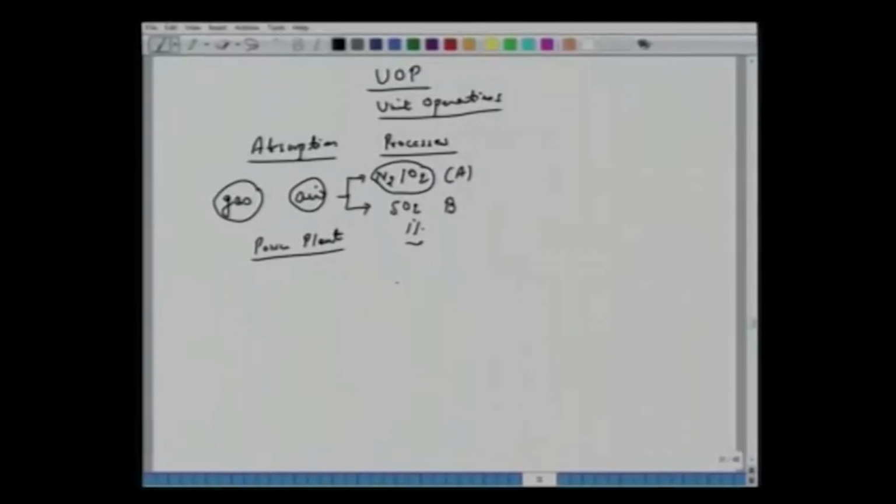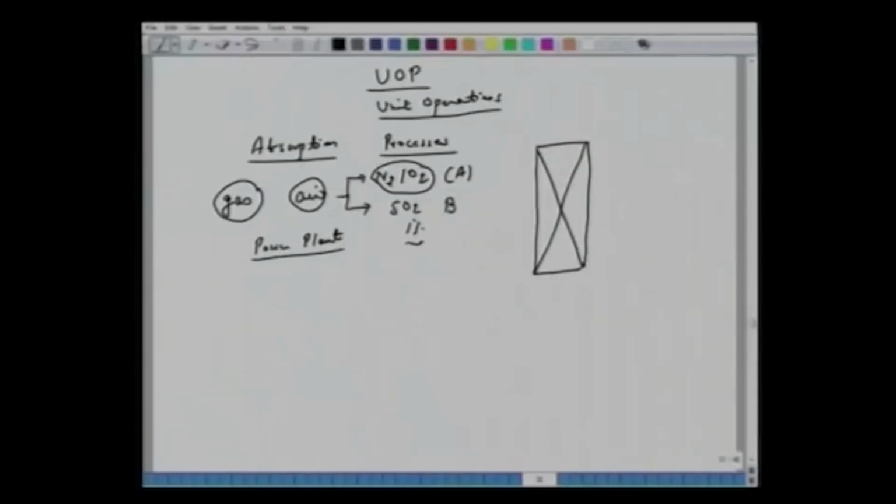So you're aware of these air pollution environmental aspects. Air, if it contains 1% sulfur dioxide, has to be treated. Okay, one has to remove the sulfur dioxide from the air stream before we release it into the atmosphere. So there are some environmental regulations. It's an air pollutant. So how do we achieve this?